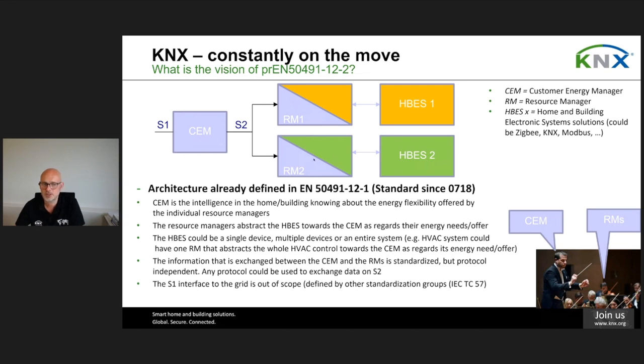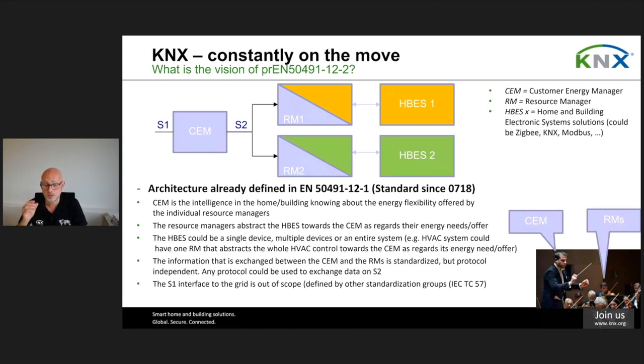These resource managers abstract the home and building electronics system towards the SEM as regards the energy need or the energy offer. Well, that means that actually the SEM only looks at the energy management functionality which is provided by the resource manager.